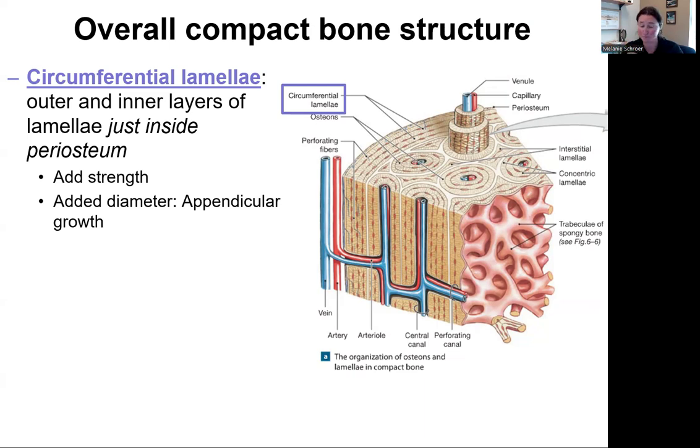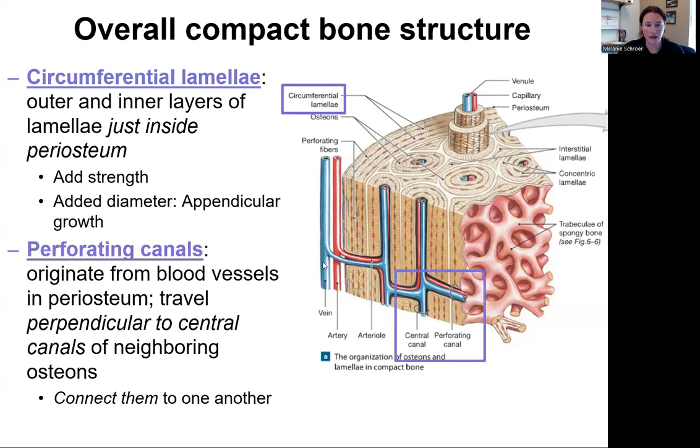So if you are, like the last video showed, starting a new training regimen, building up more and more strength, or you get a job that is physically demanding, you can actually change and thicken the diameter of your bones so they can be stronger for whatever you choose to do with your life.